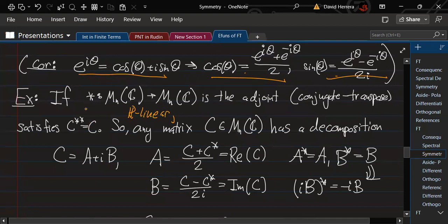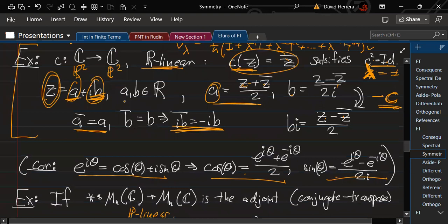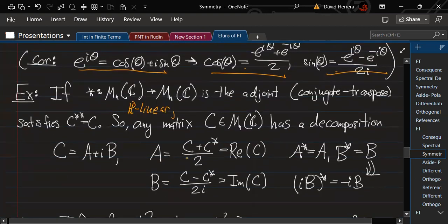It has order 2. So if you have any matrix, you can do the exact same decomposition you have up here using averaging over the orbits. You average over the orbit of star, you get A. You have IB, which is averaging over the orbit of minus star.